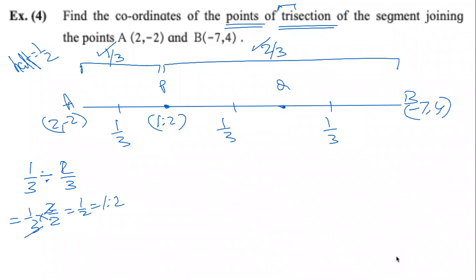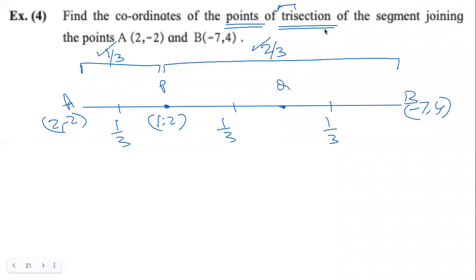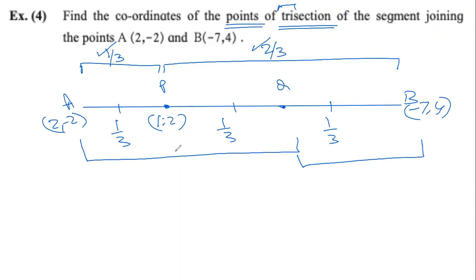x equals (m x2 plus n x1) divided by (m plus n). Similarly, y. And instead of trying to understand 3 parts, let us try to understand the 2 parts. One part is this. Another part is this. Now you tell me what will be the first part in terms of fraction. 2 by 3.